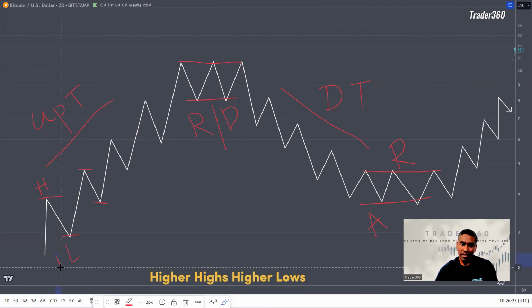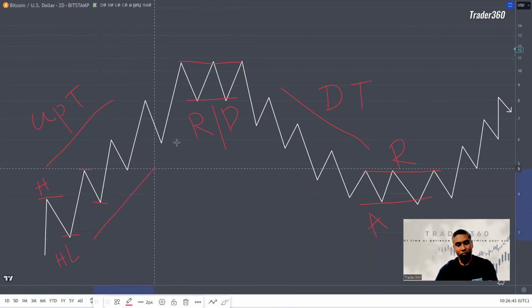The price moves in the same pattern in an uptrend. So it will continually make higher highs, higher lows, higher highs, higher lows. If something like this is happening, this is an indication that the prices are moving up.